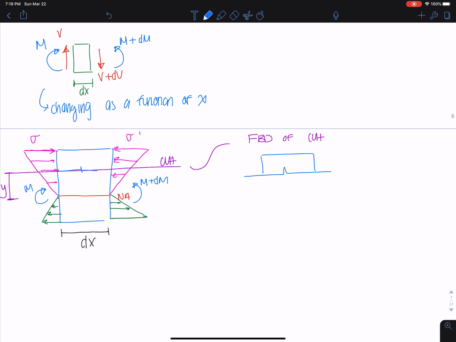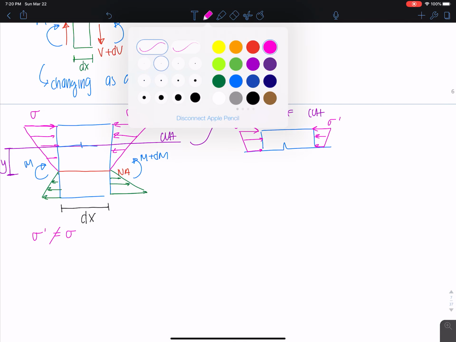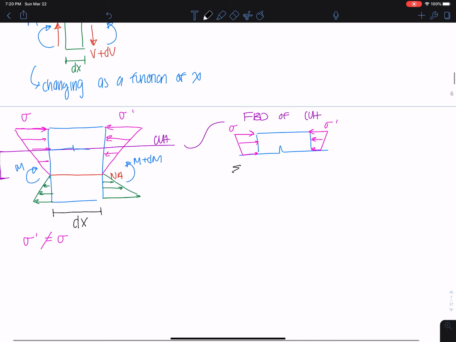I have a cut, and I still have some value of sigma like this. It's like a trapezoid now, and this is sigma prime. Sigma is not equal to sigma prime because we have different moments, just so we remember. And since we're taking this cut, let's sum forces in the x direction and set them equal to 0.